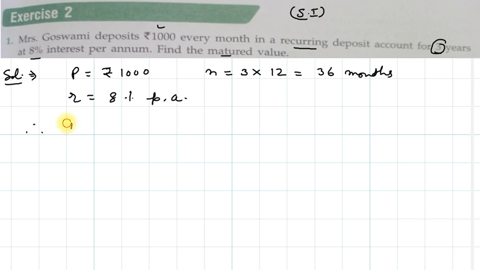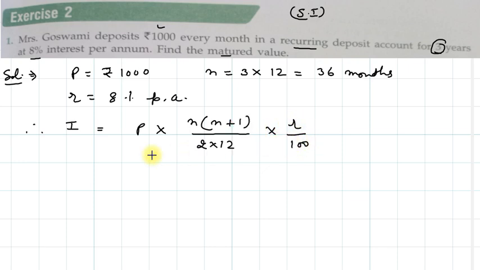So interest would be, using the first formula we have done on the previous page, principal into n into n plus 1 upon 2 into 12 into r upon 100.